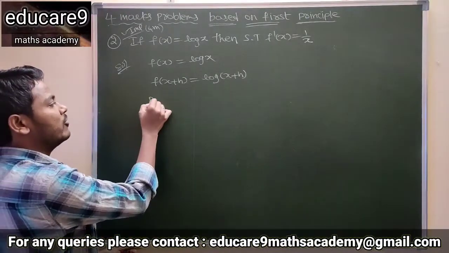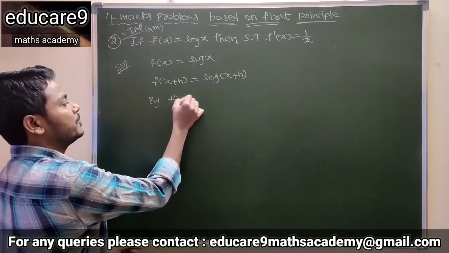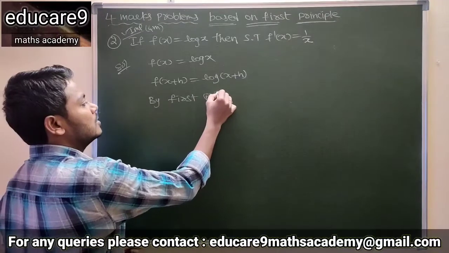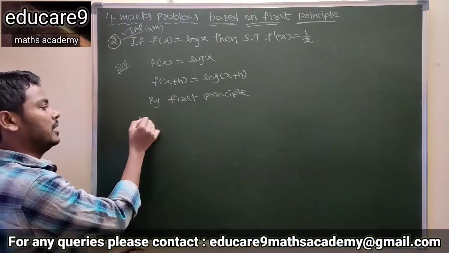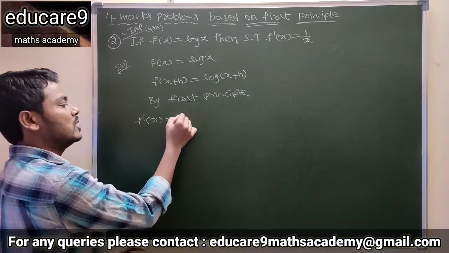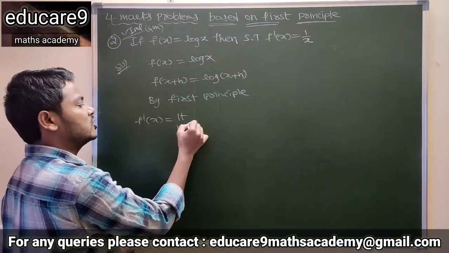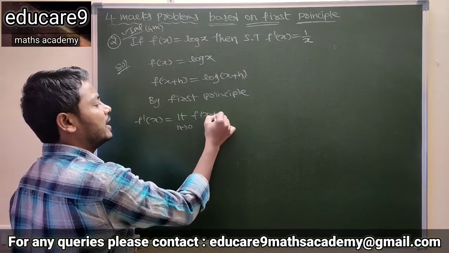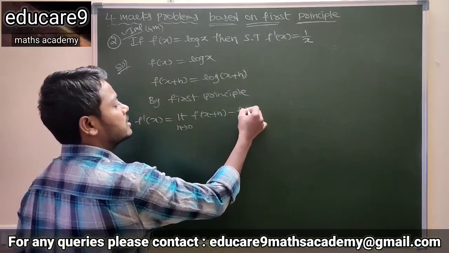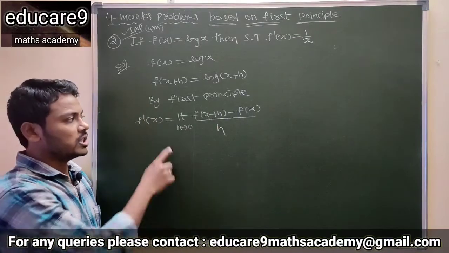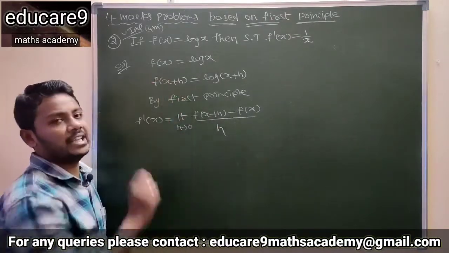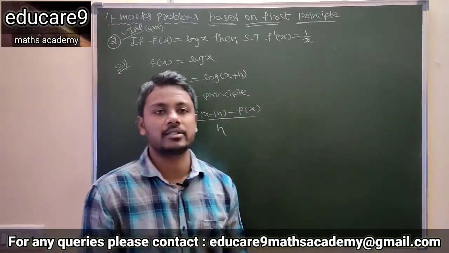Now by the first principle, what is the first principle? f dash of x is equal to limit h tends to 0 of f of x plus h minus f of x divided by h. So using this first principle, we can find the derivative of log x.